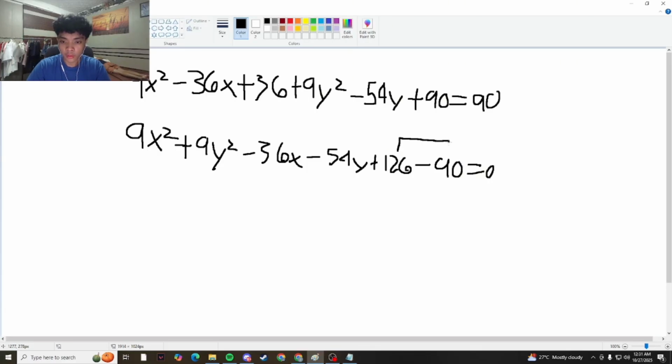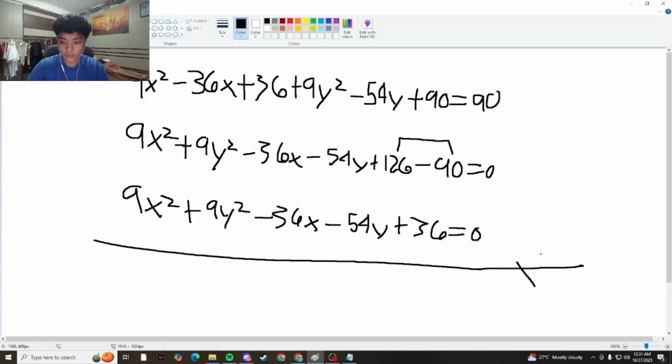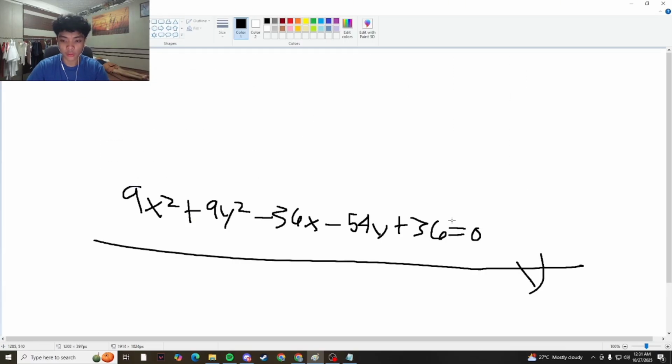We can substitute this: 117 minus 81 is equal to 36. So our final answer is 9x squared plus 9y squared minus 36x minus 54y plus 36 equals 0. And this is our final answer.